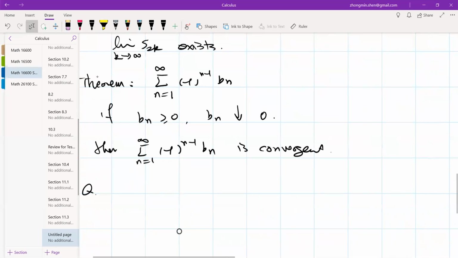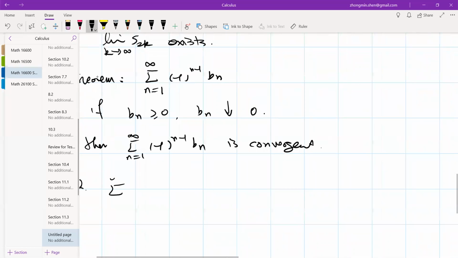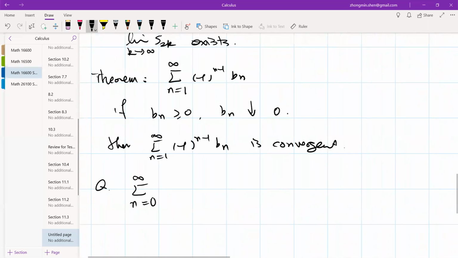Now let's look at some examples. Let's take a look at the first example, where n starts from 0. The theorem doesn't require n to start from 1; it can start from any N. So the convergence is independent of the finite terms at the very beginning.